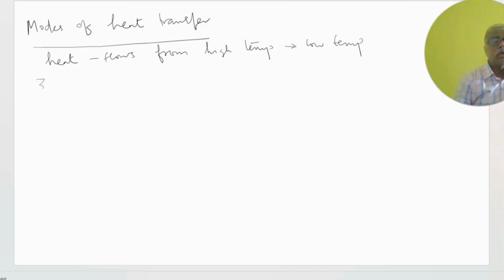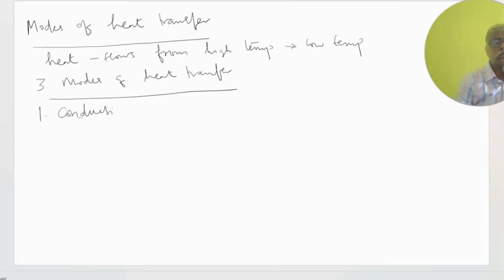So there are three modes of heat transfer. One is conduction heat transfer. The second one is convection heat transfer.